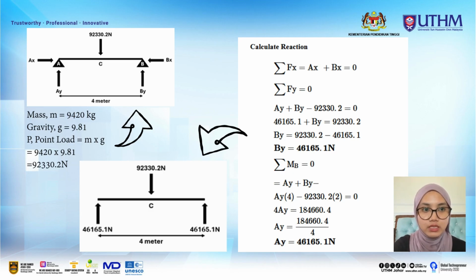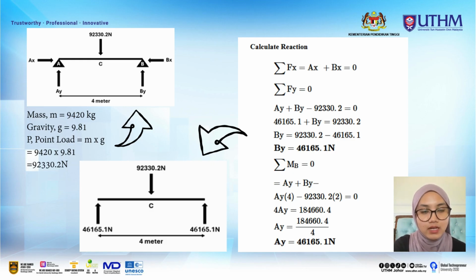For the vertical reactions at supports A and B, using the principle of moment equilibrium at point B, we calculate reaction AY. The moment generated by the applied load, which is 92330.2 Newton, acting at the midpoint 2 meters from B, must be balanced by the moment from reaction AY.